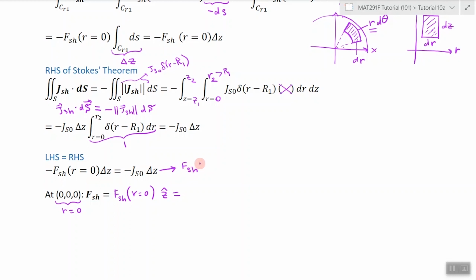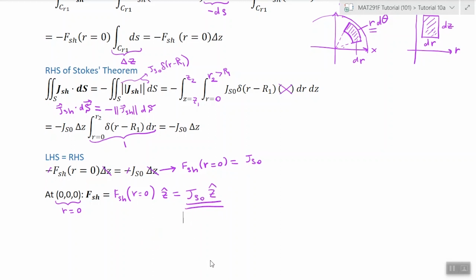This line will give us f at r equals 0 equals, negatives cancel, delta z cancels, and then we're left with js0. So this is equal to js0 times z hat.